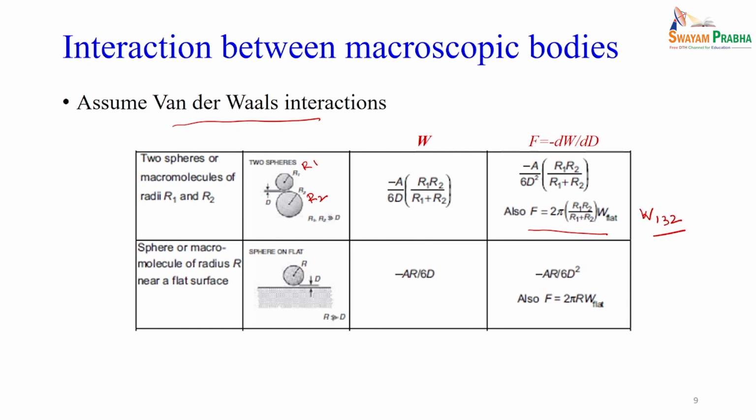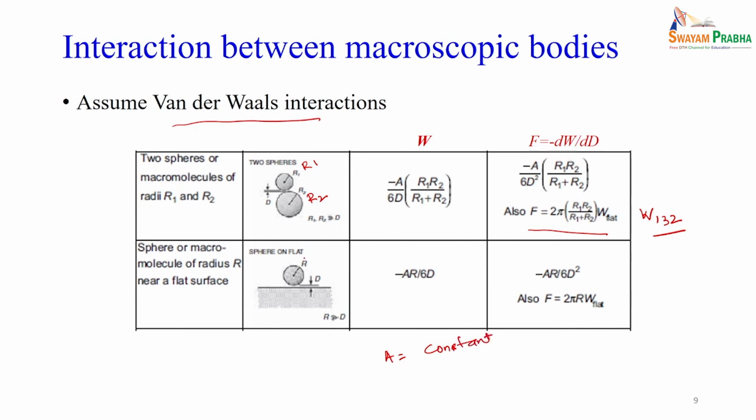This is particularly if we are considering two hard spheres, or two macromolecules of different radii r1 and r2. Here A is the constant.